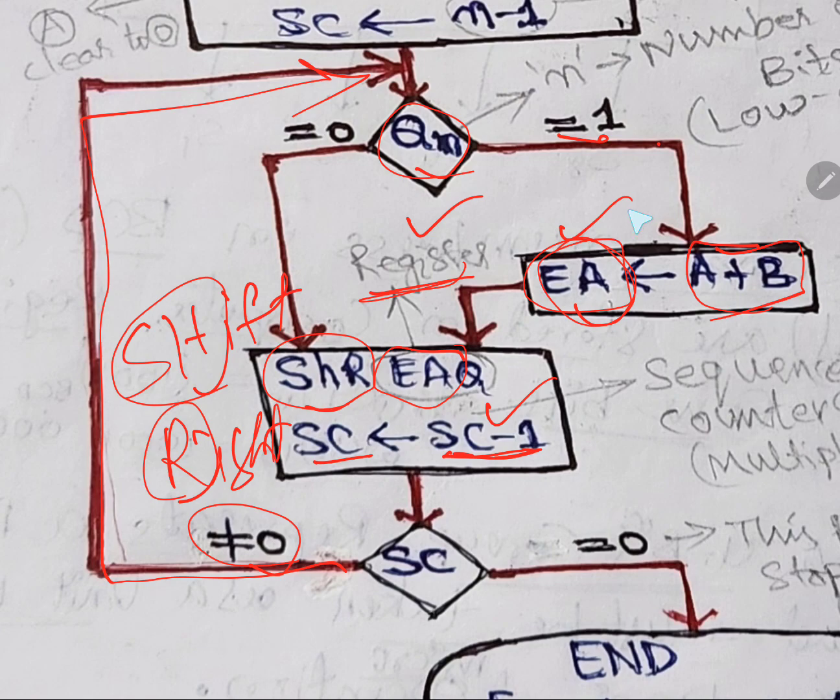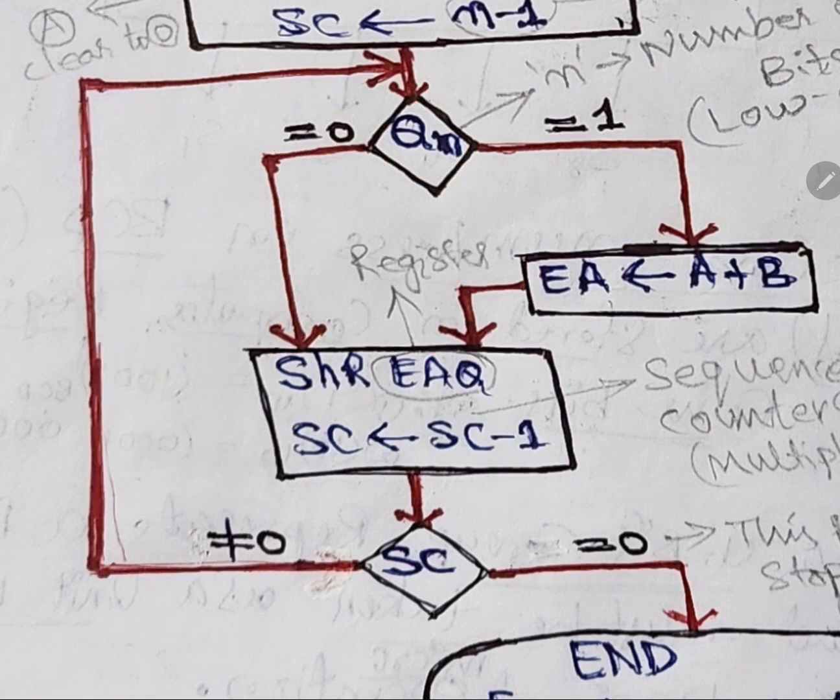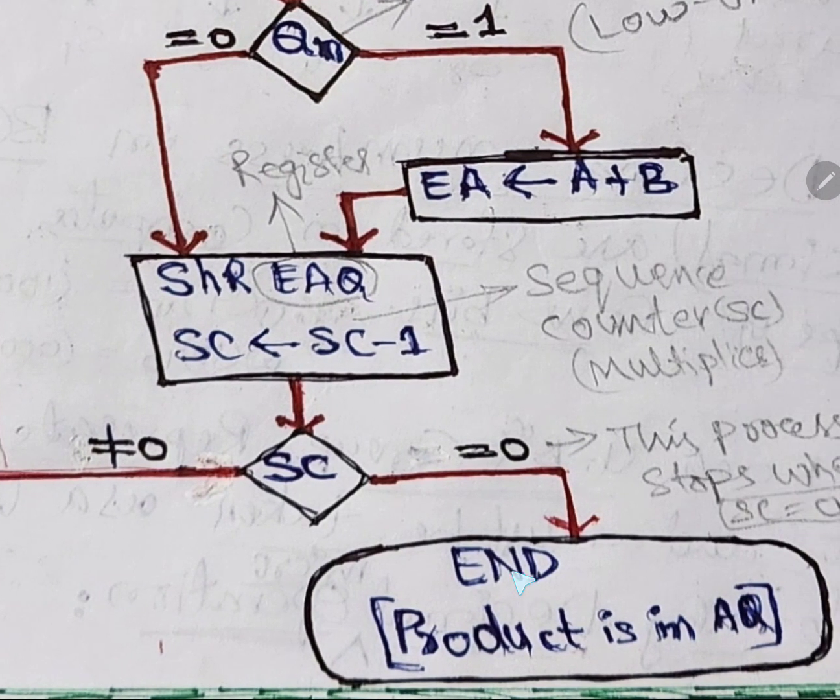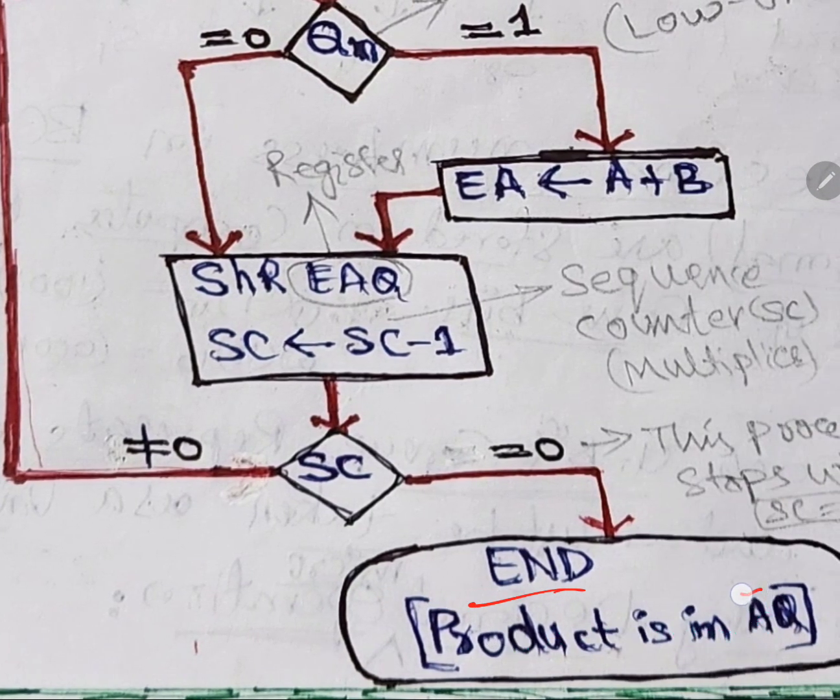This is one more register, just like a temporary register. A and B will be added. If it is 0, it will be shifted to right, and the sequence counter will be reduced by 1 till it is equal to 0. When it is equal to 0, we will get the answer, see here, the end product is in AQ. Very simple, the end product is in AQ.